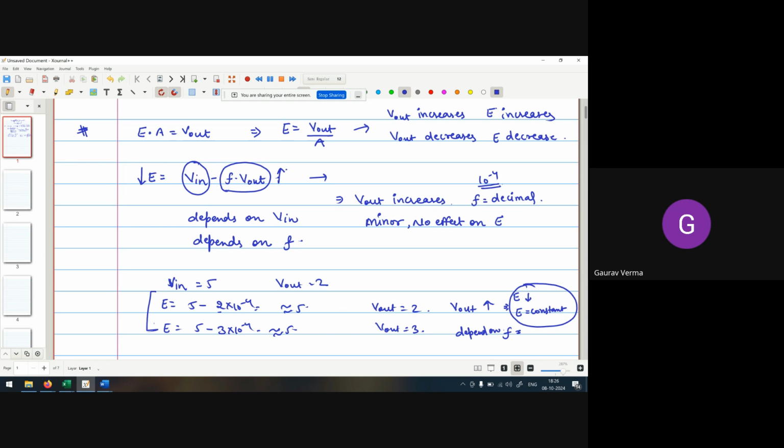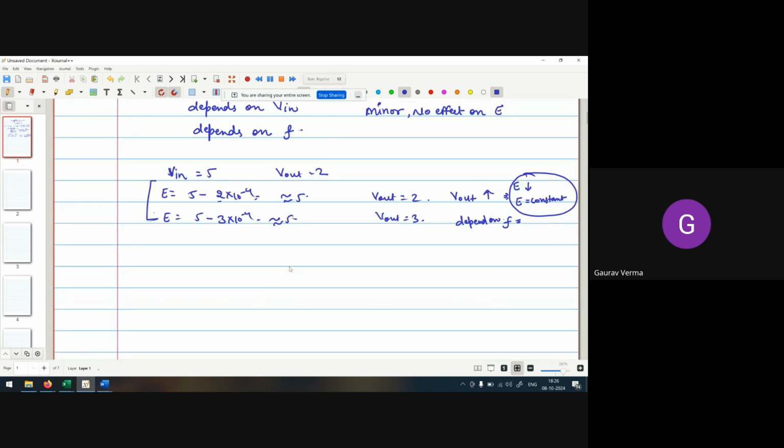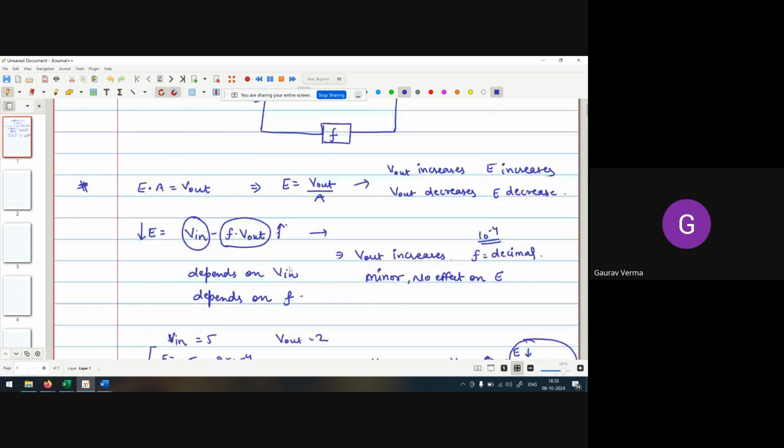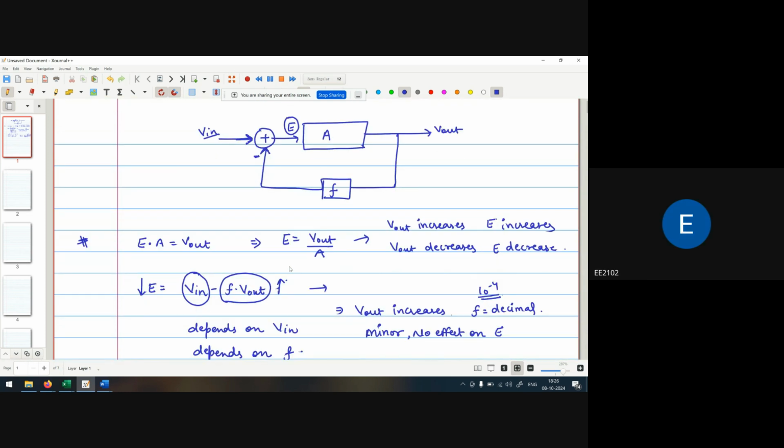But the answers, the options marked as answers, how can we confirm those options? Like V out increases, E increases, and if V out decreases, E decreases.